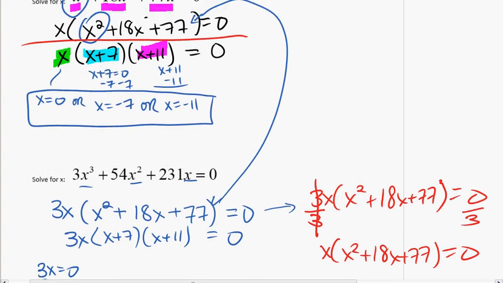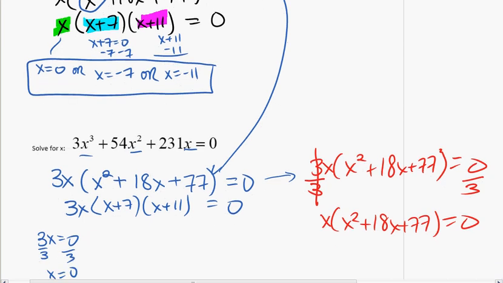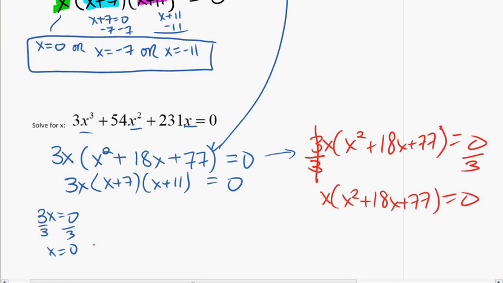Scroll up. Now you can see this is exactly the same problem. So that 3 really, when equal to 0, does not play a factor at all, but you can always play it out to find out. So again, I get x equals 0, or negative 7, or negative 11.